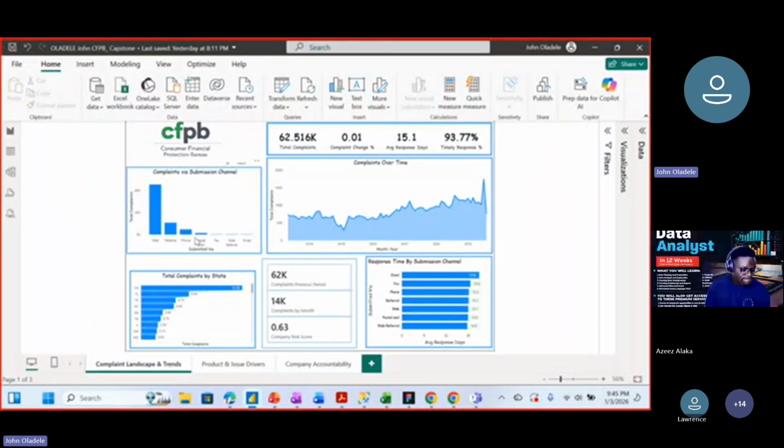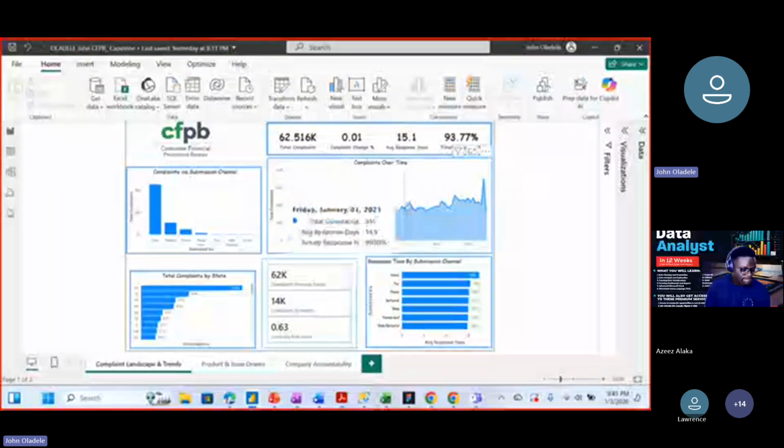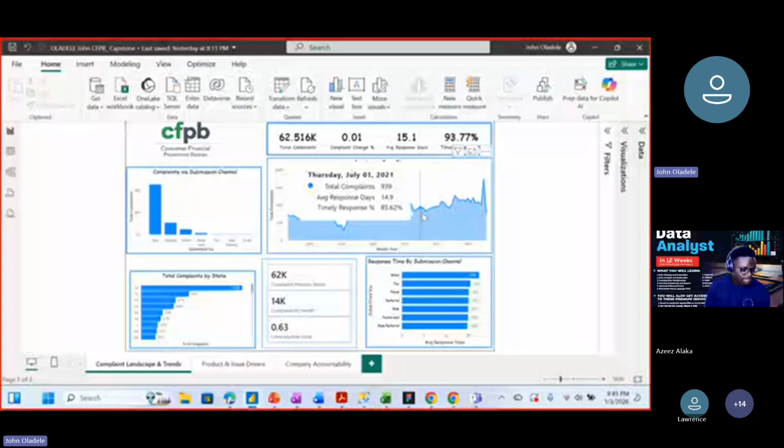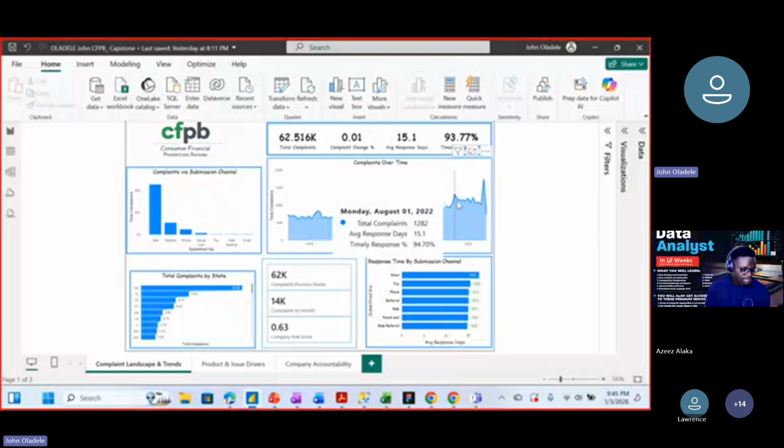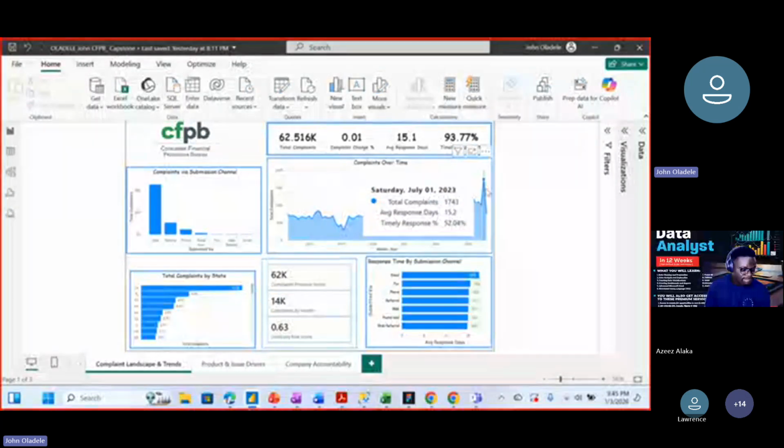And you can see that email, web referral and fax have the lowest complaint submission rate. If you look at it over time, this is how the complaints trend has moved. You can see that there was a significant increase in the complaints in 2021, and it kept rising, and then there's a high rise in 2023.